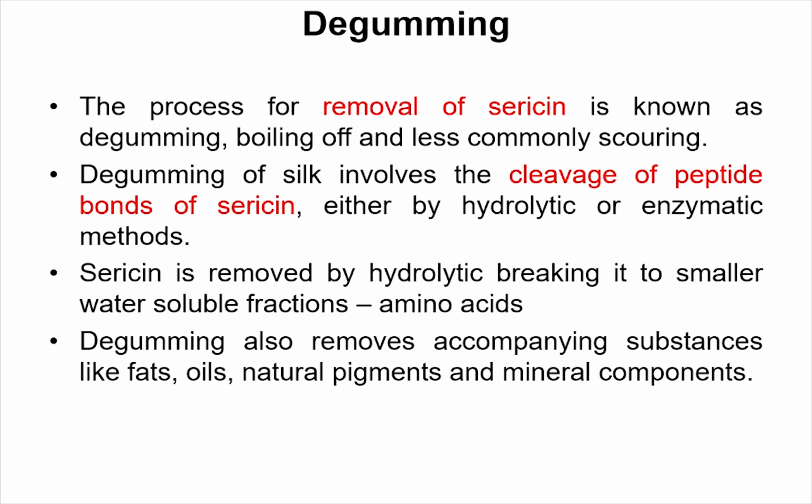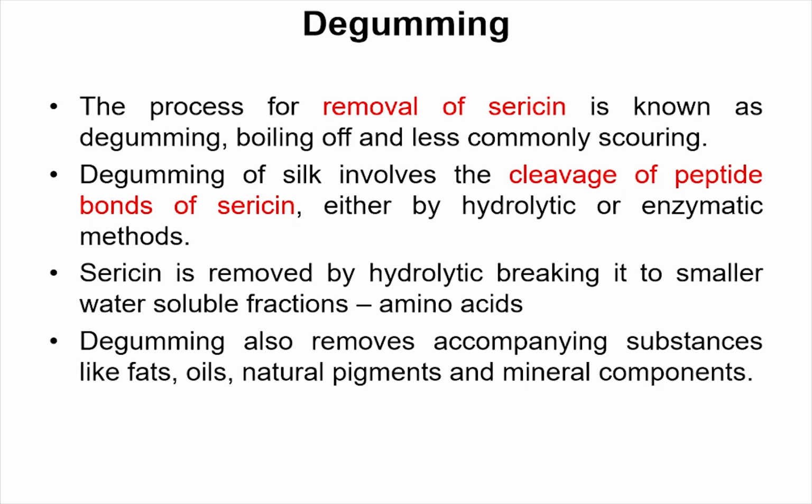Degumming of silk involves the cleavage of peptide bonds of sericin. It will attack the peptide link and hydrolyze it, making it into a simpler compound, and that simpler compound is easily soluble in water, so it will be thrown out of the silk fiber. You can use a hydrolytic method or an enzymatic method to hydrolyze the gum.